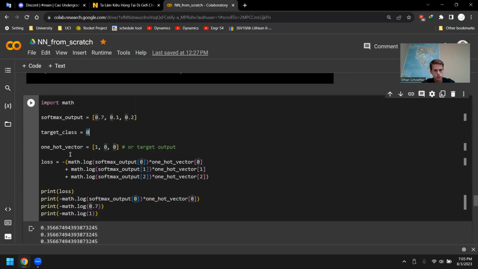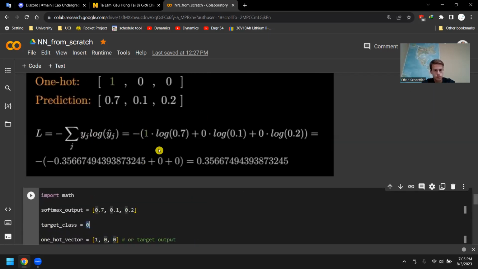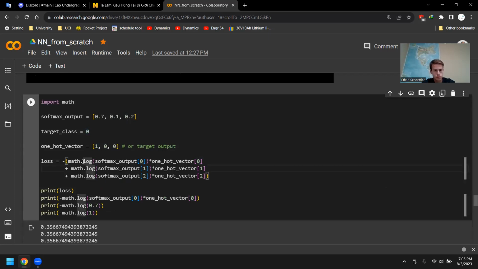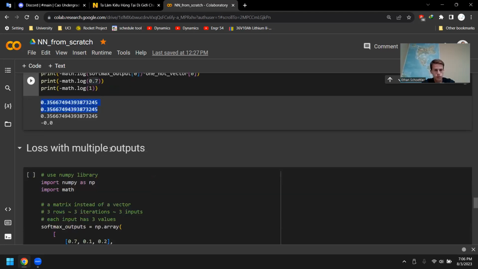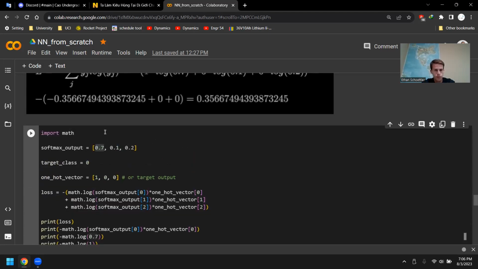Then for the loss, you technically take this mathematical operation: log of the predicted value of the neural network, and you times the value of the one hot vector. So if you notice, this is 0, 0, so the other two values cancel out, and only the 1 times log of 0.7 matters. And I did check a few times over here to make sure I got the correct value. But this one is just with one input value.